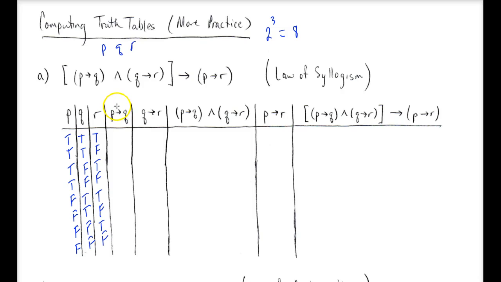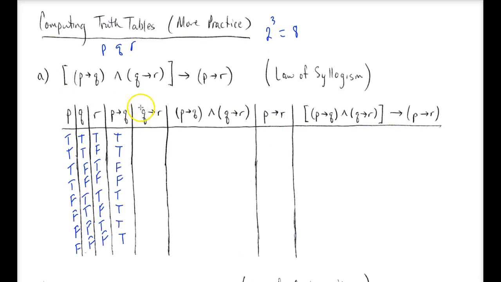In other words, the first statement is true, the second statement is false. So if we're reading here, true and true is true, true and true is true, true and false is false, true and false is false, false and true is true, false and true is true, false and false, and false and false both are true.